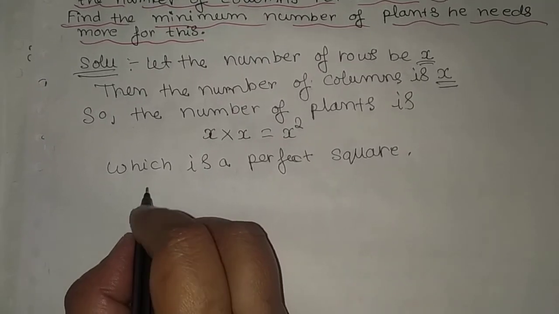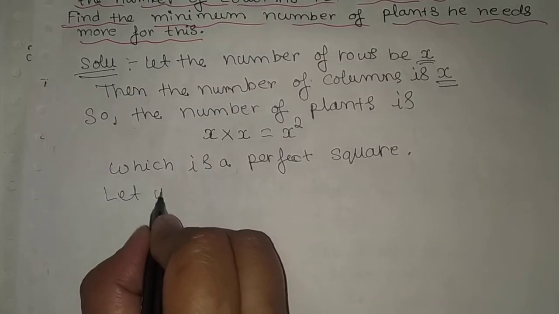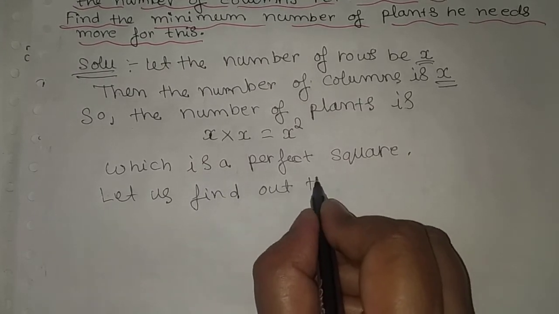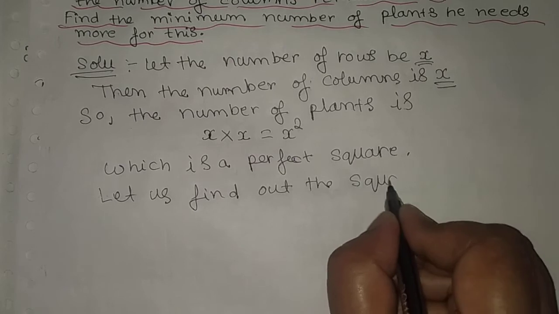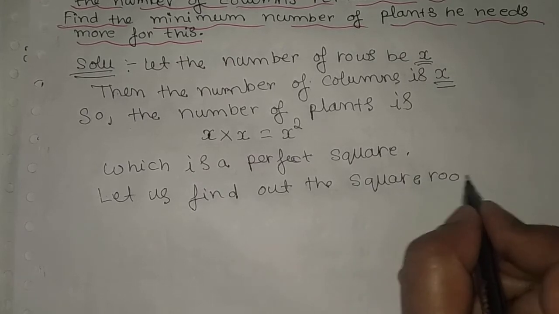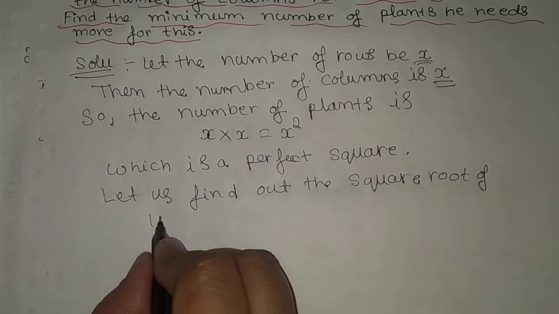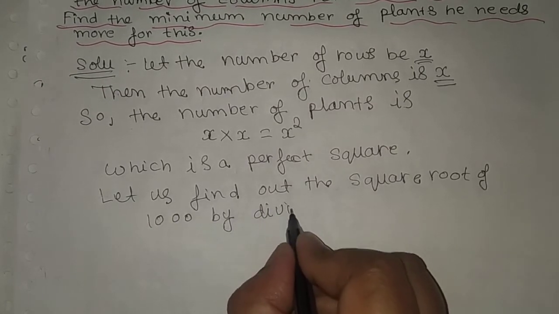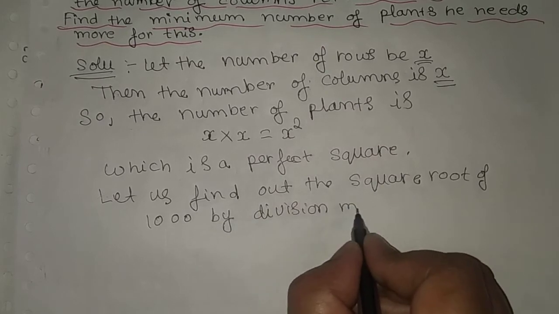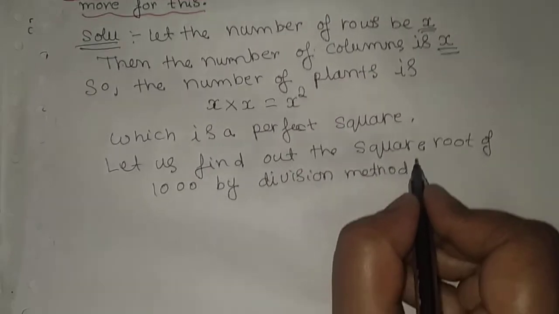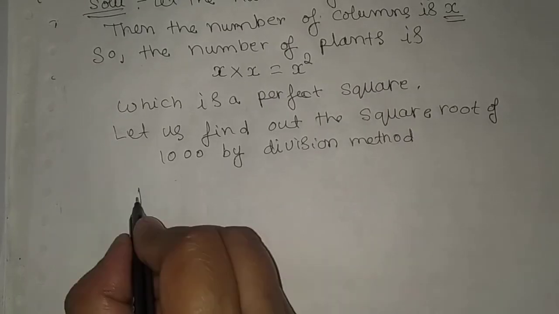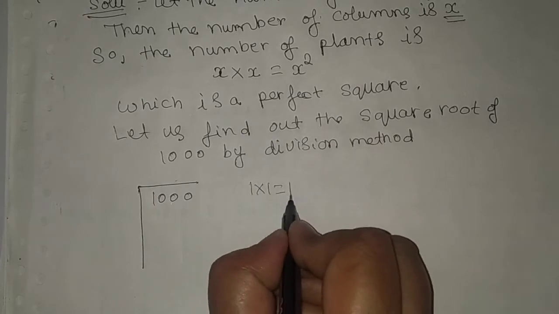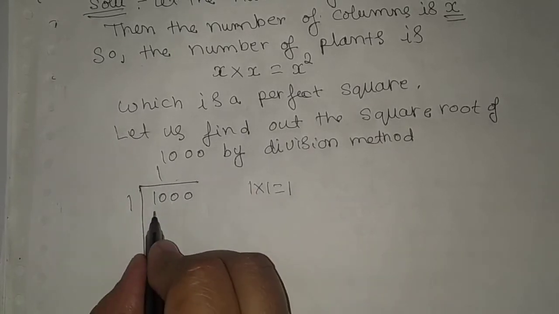So same thing, let us find out the square root of 1000 by the division method. Take the number 1000 here, find the nearest square root, that is 1 into 1, 1 ones are 1.